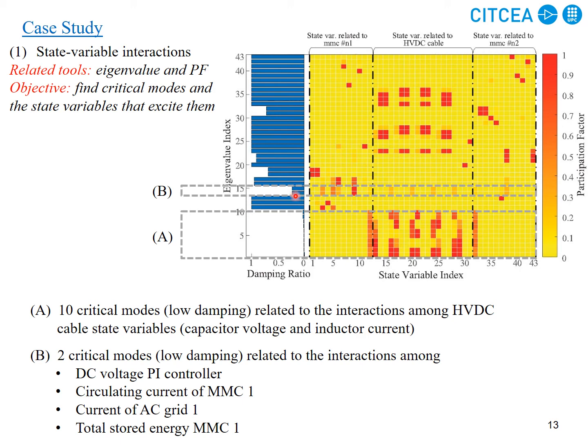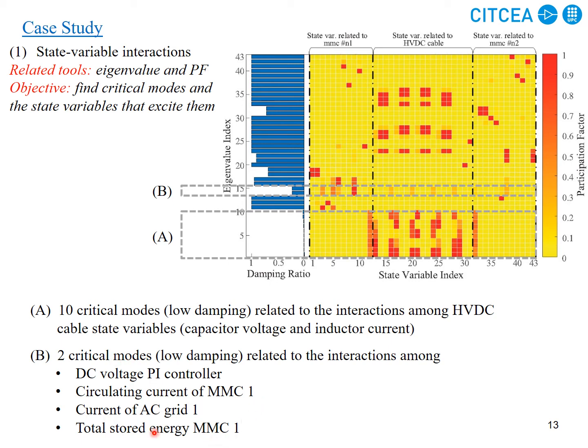And if we want to see what interactions between which state variables are giving rise to these two modes, they are low frequency also. It is the DC voltage PI controller, circulating or additive current of MMC1, circulating current of AC grid 1, and the total stored energy of MMC1.